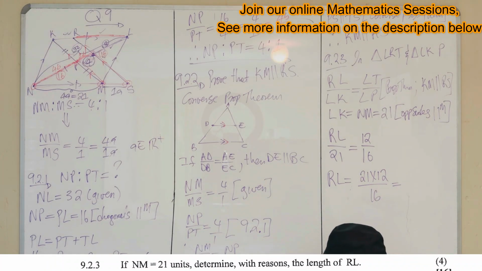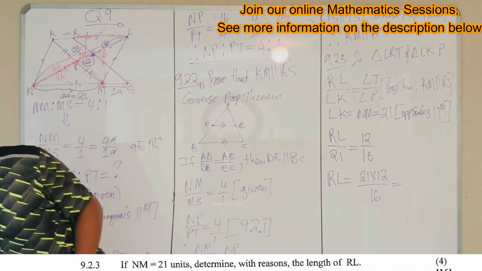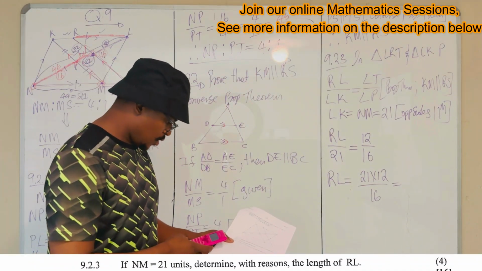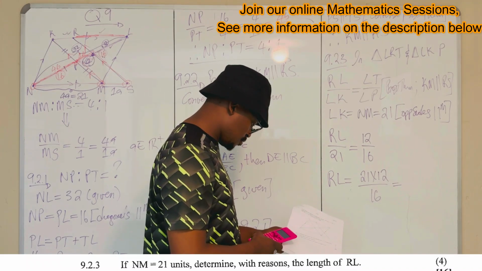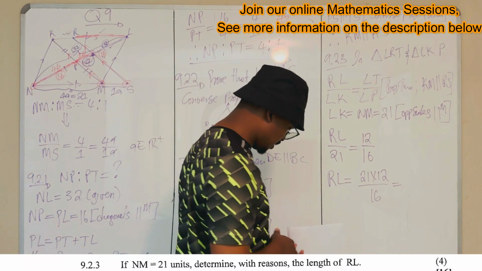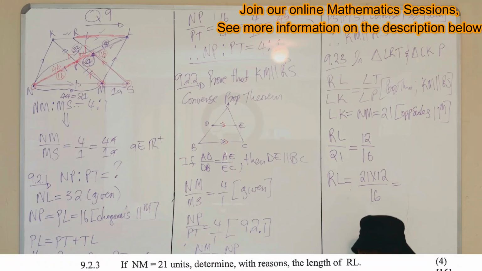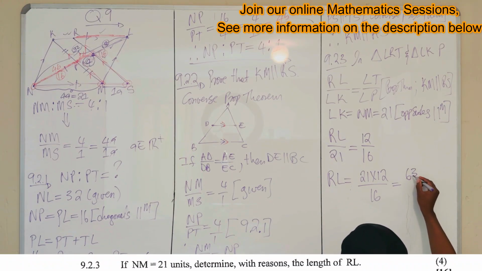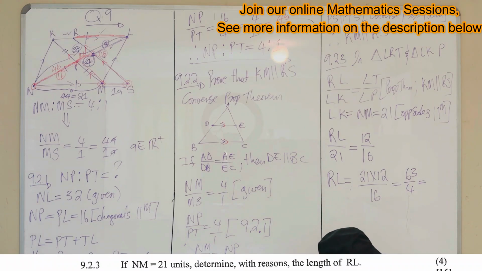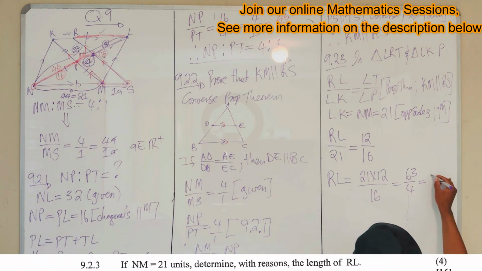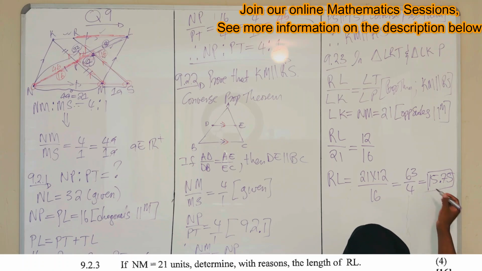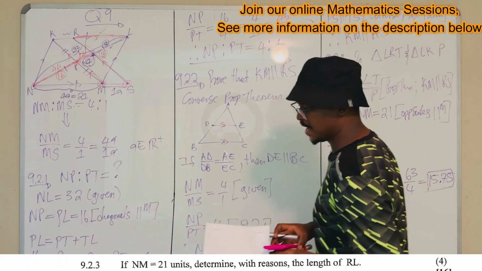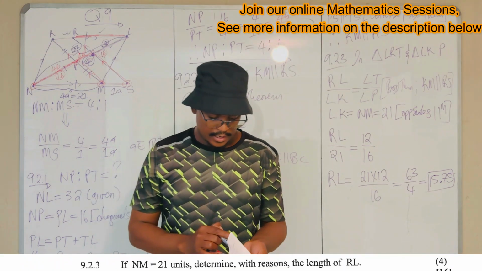That is 63 over 4. The final answer is 63 over 4, which is equal to 15.75 units. So that's the size of side LR.